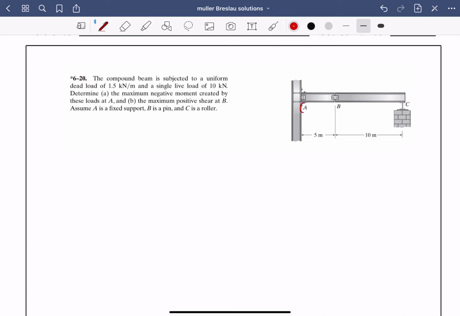So, A. What that means is moment at A. And B, positive shear at B. Oh, it's just A and B. There we go.